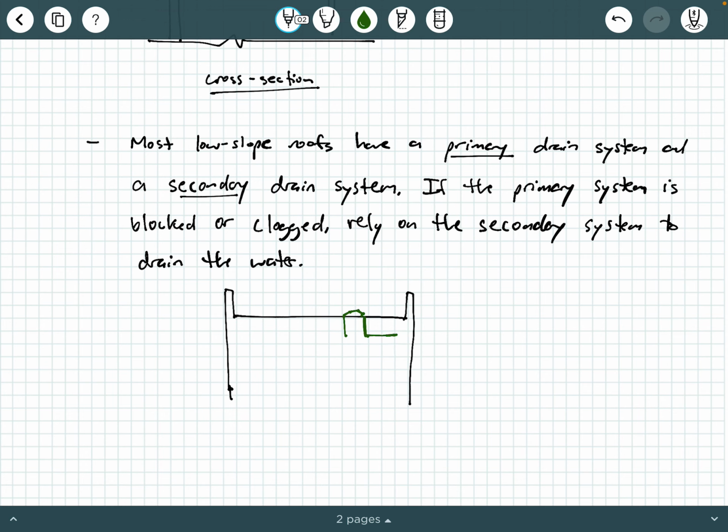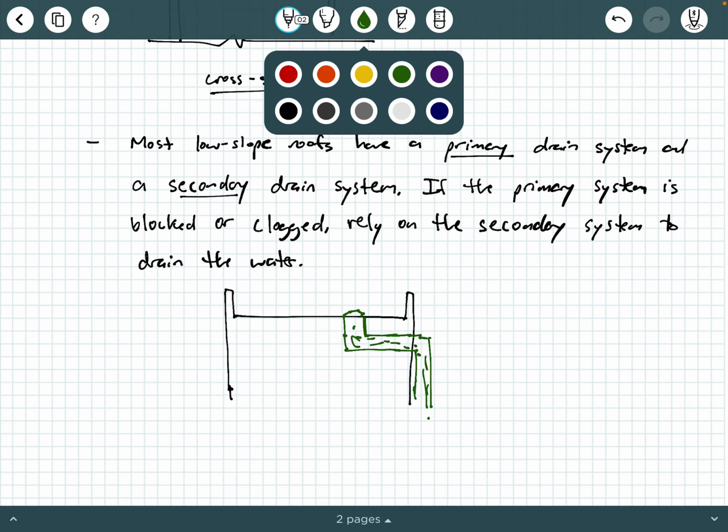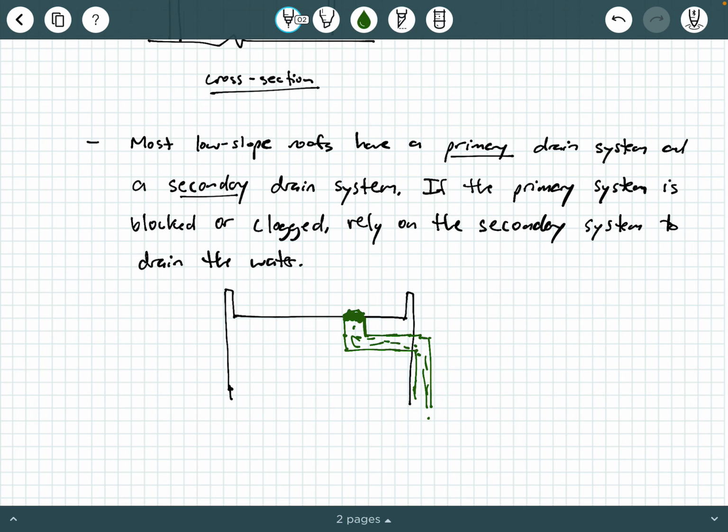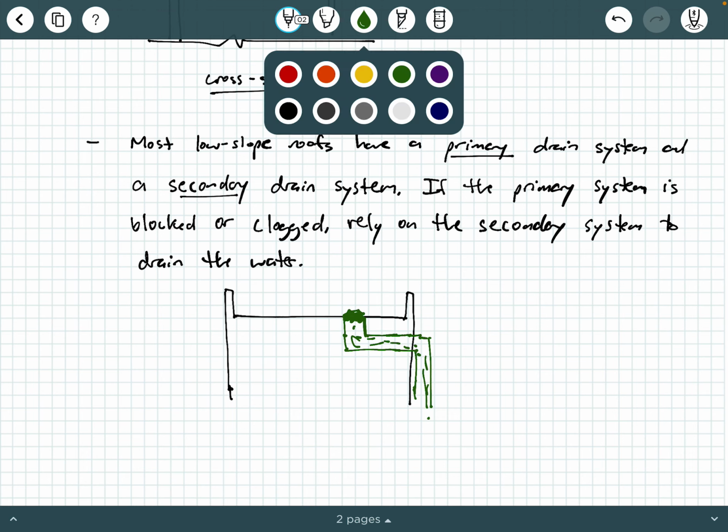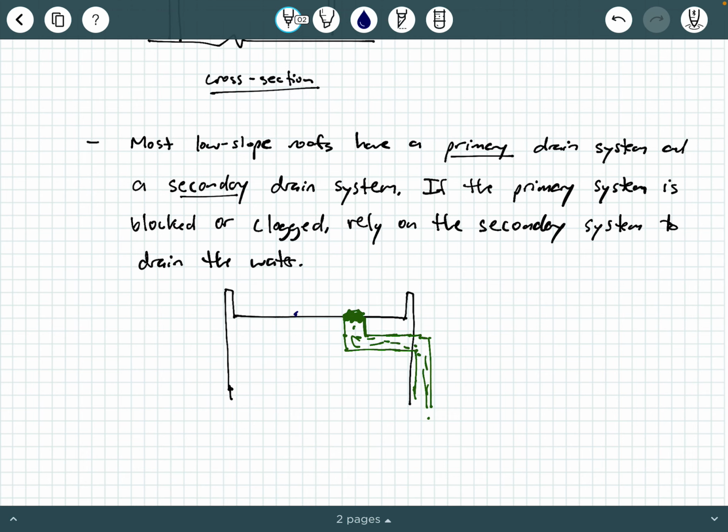And this pipe could collect water and run on the inside, and then it comes out the outside through a wall hole, and your water can drain out this way. That's an example of a primary system. They don't always look like that, and obviously this is an exaggerated view. Proportionally, this looks really big compared to the roof. But let's say that this primary system becomes clogged with debris, and so now your rainwater is starting to collect.